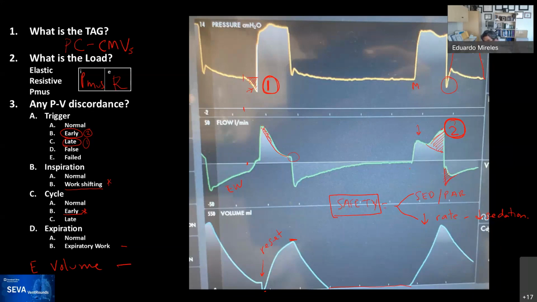Many times we try to deal with them by increasing the sedation, even though the patient is completely out for the count, and that leads to more of this. We enter this cycle of more sedation, more paralysis, because the patient continues to have reverse or early trigger with double large tidal volumes. That's all probably toxicity of the medulla from the propofol, opiates, and benzos that we kept giving.